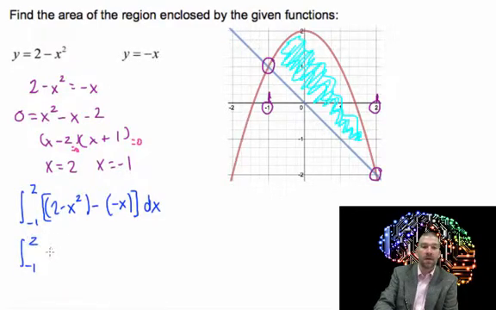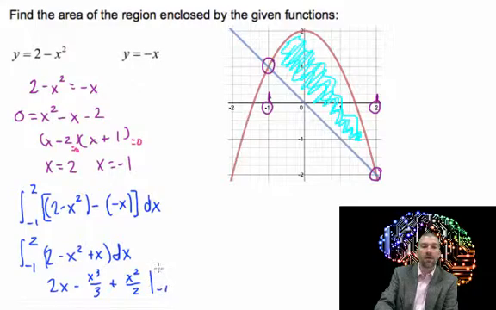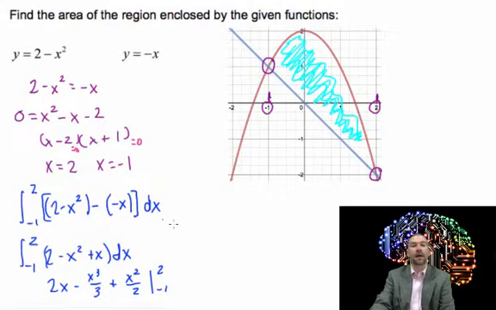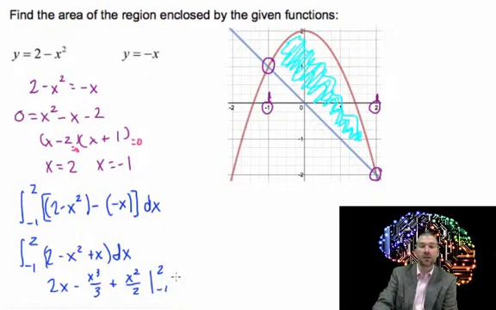We're going to have 2 minus x squared plus x. And this is what we're going to integrate. And that becomes 2x minus x cubed over 3 plus x squared over 2. And we're going to evaluate that from -1 to 2. And then the evaluation part is really simple. And remember, we're going to have stop minus start. Okay, so I'm going to have 2 times 2.